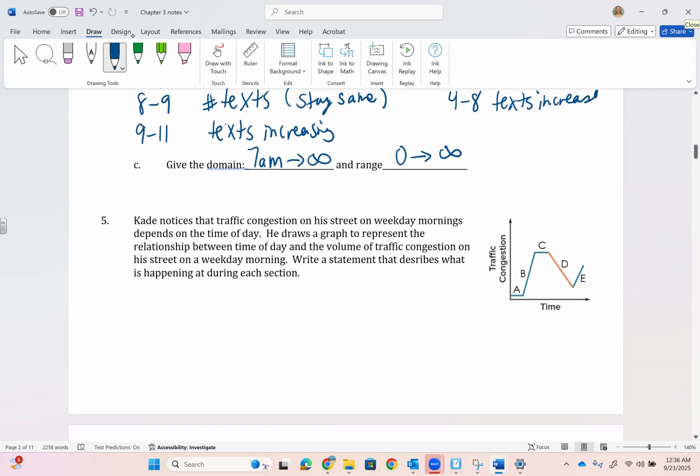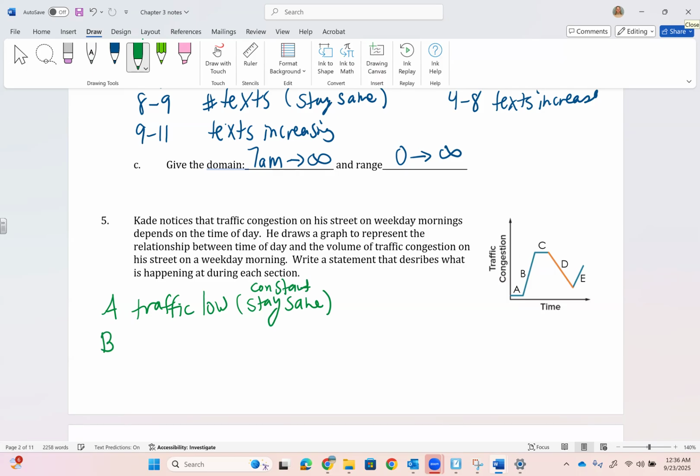And then this one here talks about what is happening during each section. Basically, A is the traffic congestion is low. It's not increasing. Traffic is low, so it's low traffic and it's staying the same. It's constant.